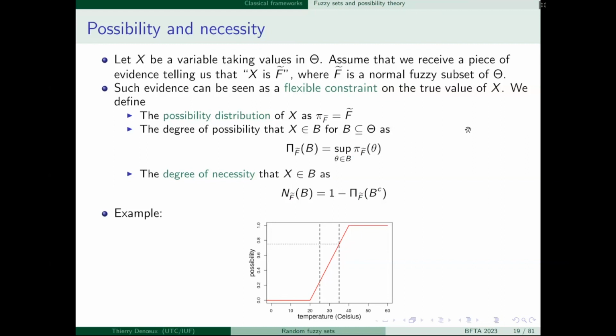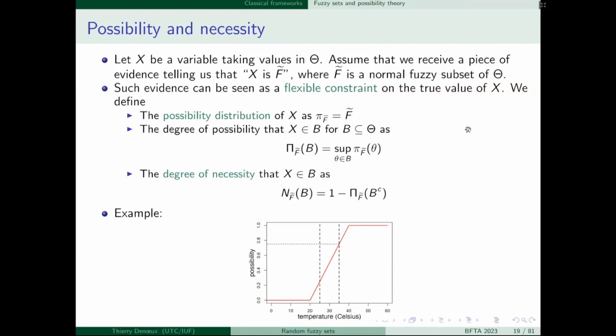Okay. So this mapping is called the possibility measure. And then we define the degree of necessity like this. The degree of necessity of a set B is 1 minus the possibility of the complement of B. Okay, so for instance, what is the degree of necessity of that interval, that the temperature is between 25 and 35?